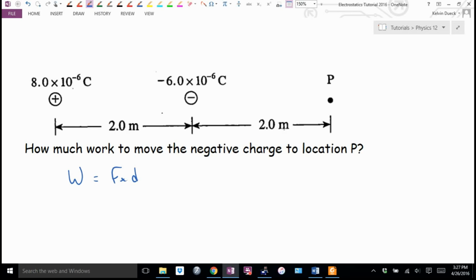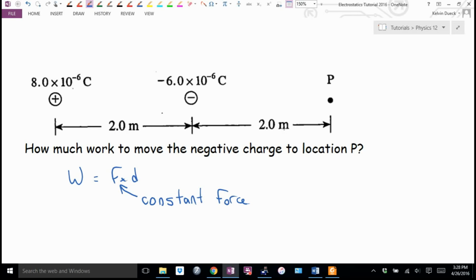Folks, this only works if you have a... This is, by the way, why for orbits we couldn't use force times distance to figure out how much work to get something into orbit, because as you leave Earth, what happens to the force of gravity?